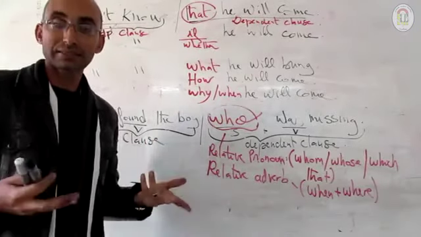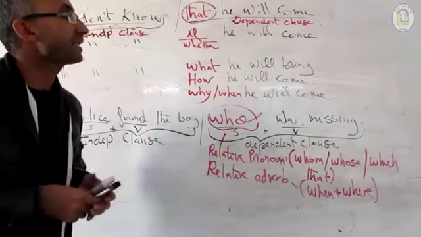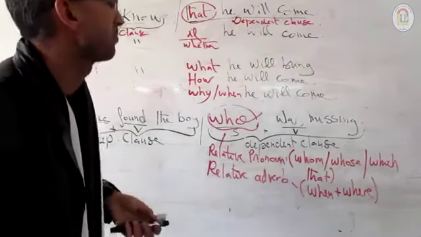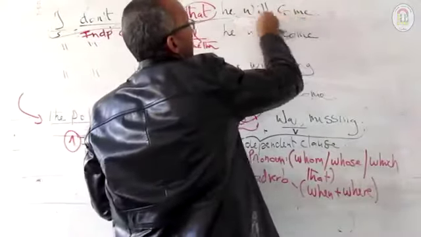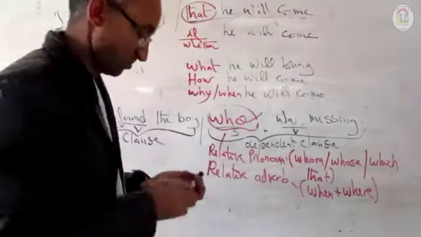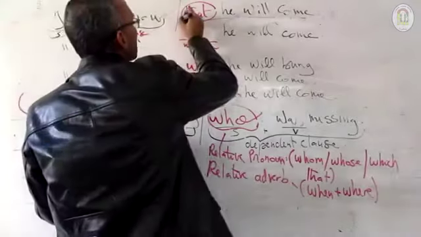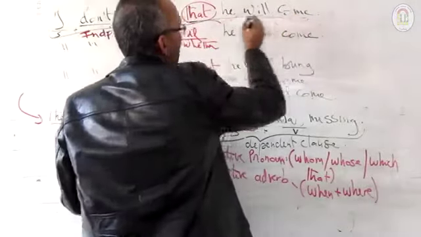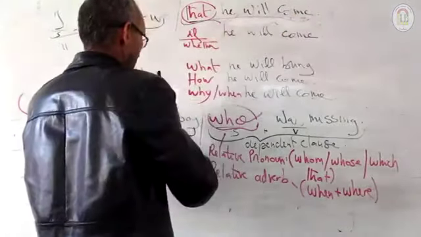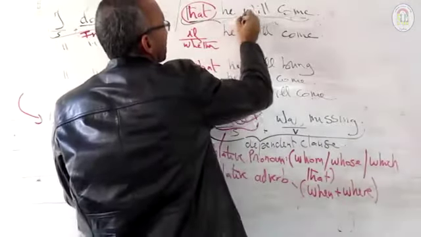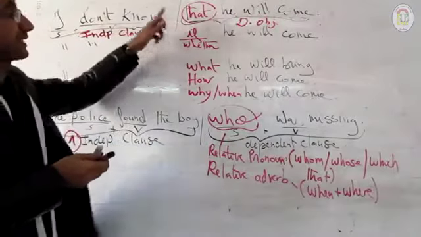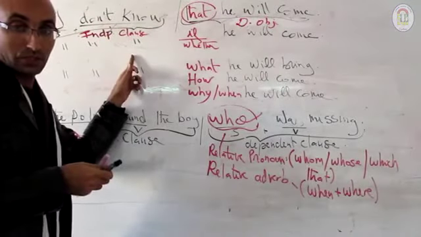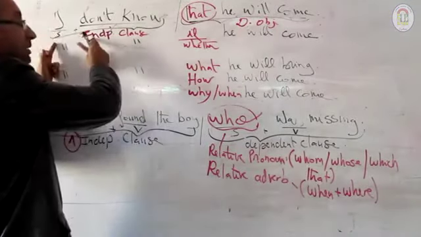The answer of "what" is my direct object. This clause represents the direct object of the whole sentence. Clear?